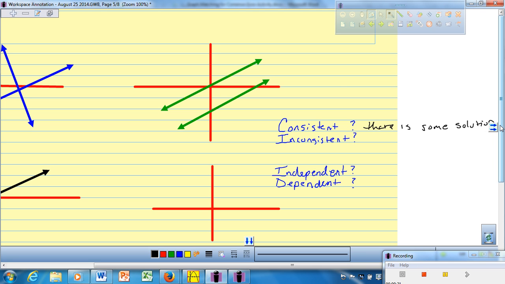Inconsistent means there is no solution. Independent means there's exactly one solution. And dependent means that there are many, or infinite solutions.